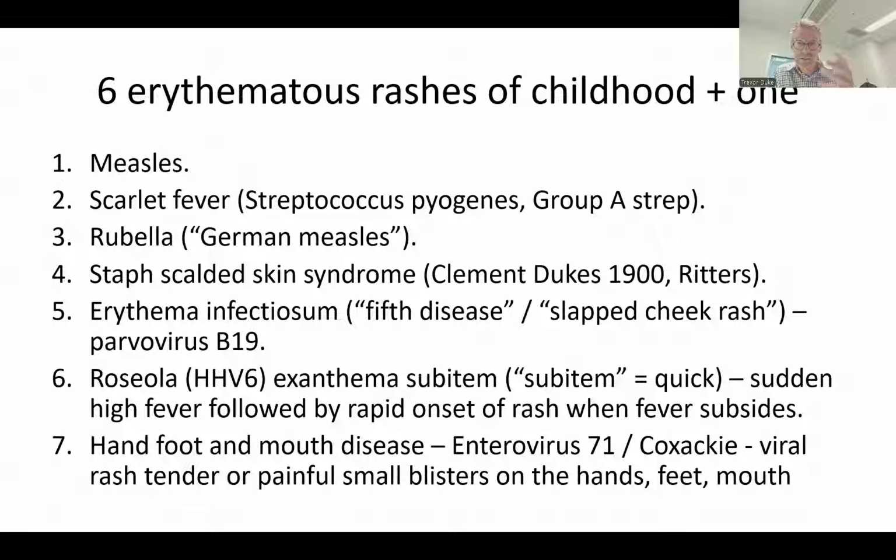Usually with fifth disease, slap cheek rash, they don't get very sick unless they have some underlying condition, especially the hemoglobinopathies like thalassemia or sickle cell disease. Those children can go into an aplastic crisis if they get erythema infectiosum or fifth disease, the slap cheek rash.